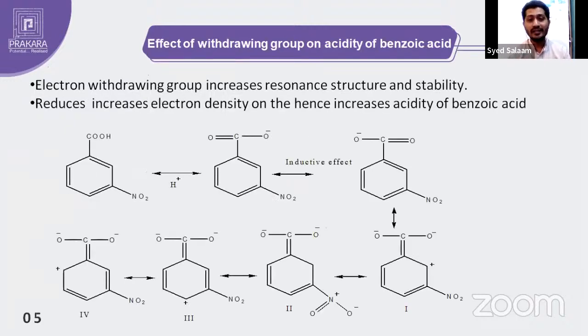An electron withdrawing group increases the number of resonance structures, and hence increases the acidity. Here you can see it is forming four such resonance structures, and these are responsible for a more stable anion, with the negative charge getting stabilized, due to which it easily gives out its proton and becomes more acidic.